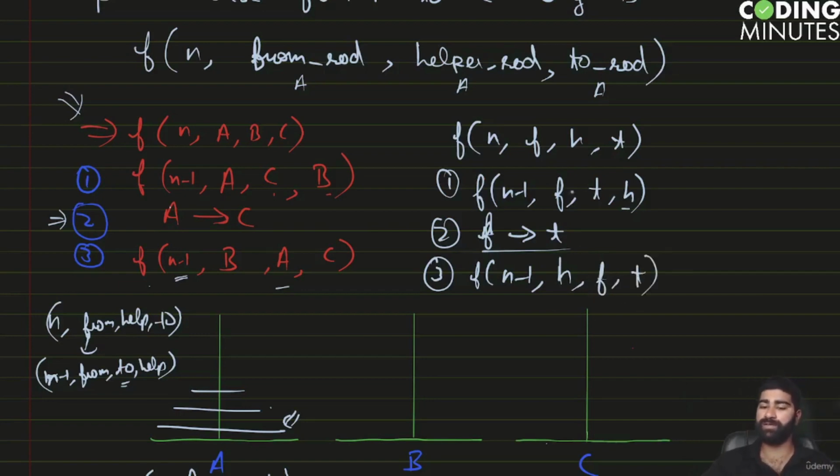This is a normal recursion that we'll code, right? So in the next video we'll just code it and see, we'll just print down some values and see how it's working. Cool. So yeah, thank you.